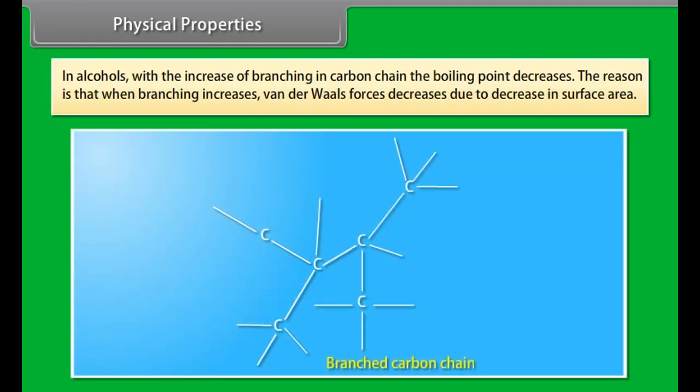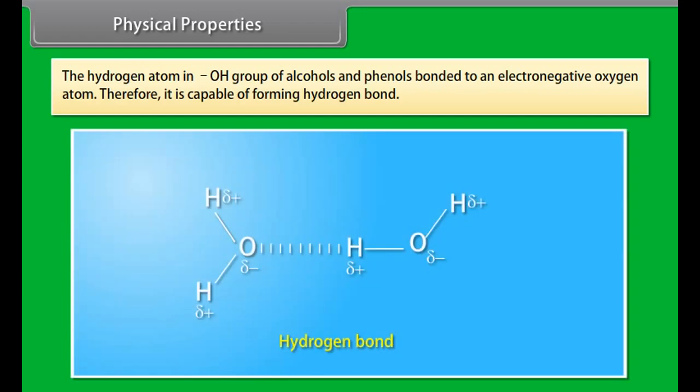In alcohols, with the increase of branching in the carbon chain, the boiling point decreases. The reason is that when branching increases, van der Waals force decreases due to decrease in surface area.